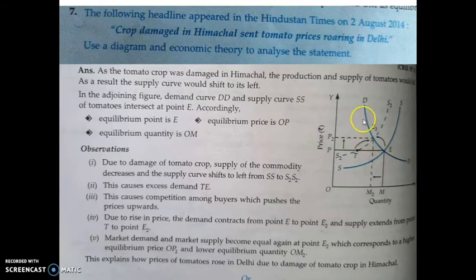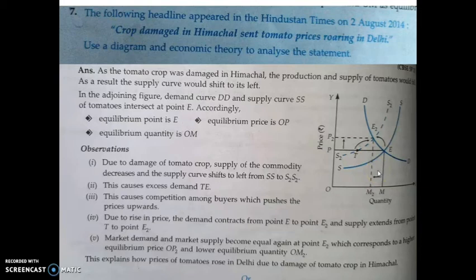Contraction means movement along the same demand curve, from E to E2. So E2 is the new equilibrium point. The market demand and market supply become equal again at point E2, which corresponds to a higher equilibrium price and lower equilibrium quantity.